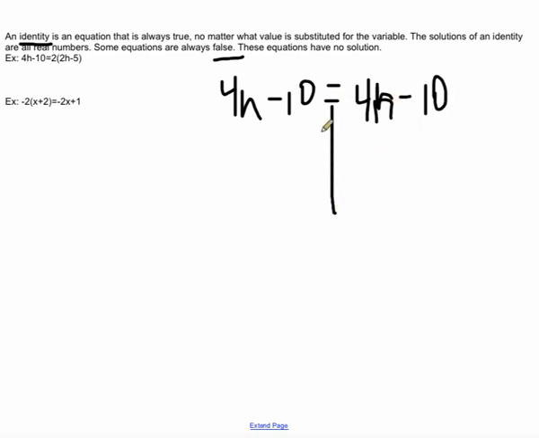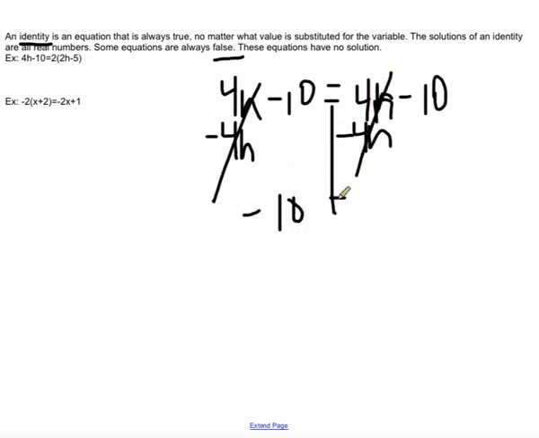So if I want to get the variable on the same side, I would do minus 4h and minus 4h. Notice that I'm lining this up with the like term. There's a reason I didn't put the 4h right here, because it doesn't go with the 10. 4h minus 4h is 0. So what do I have?